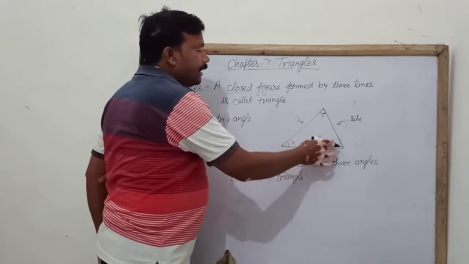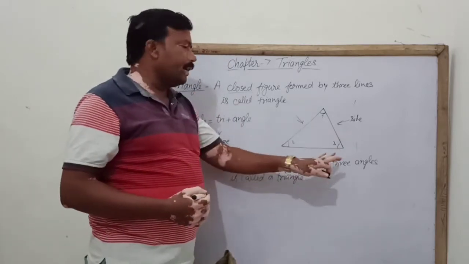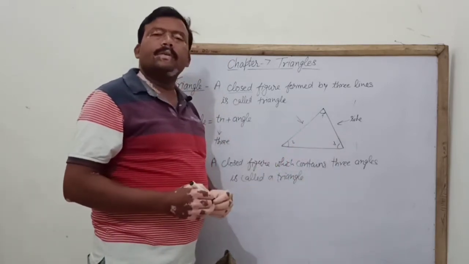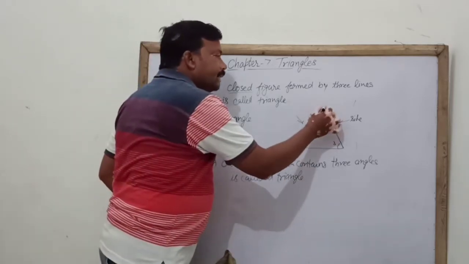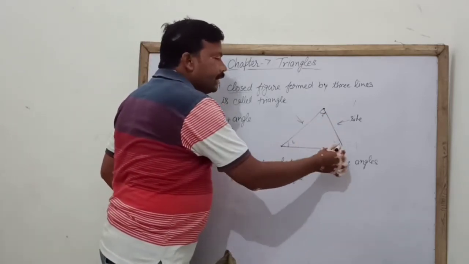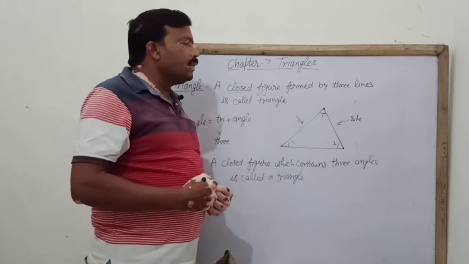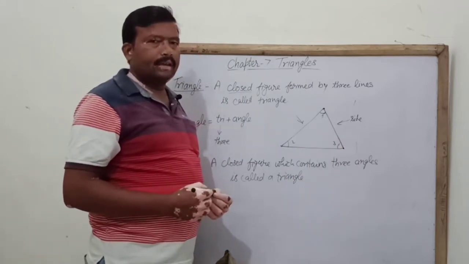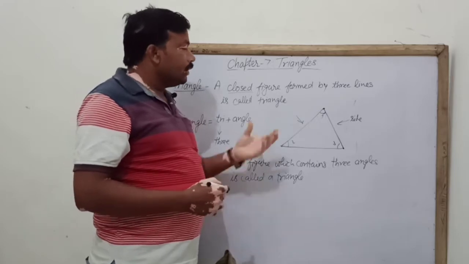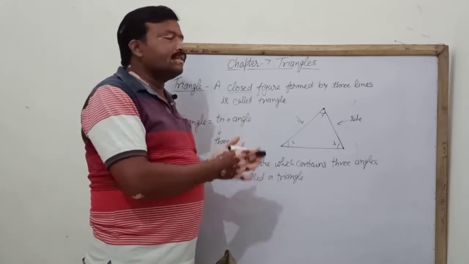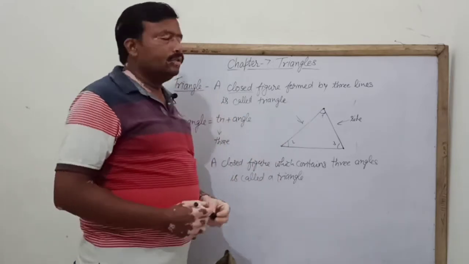We can count them from any vertex. The tip at which two sides meet is called a vertex of a triangle. So these are some definitions related to a triangle.